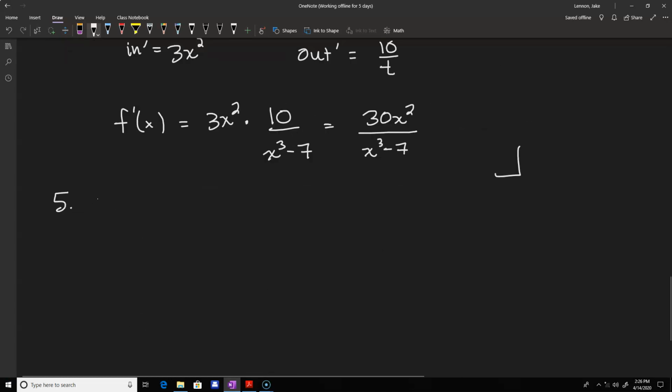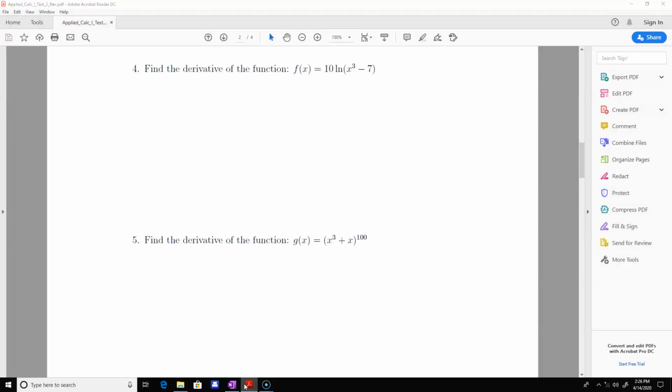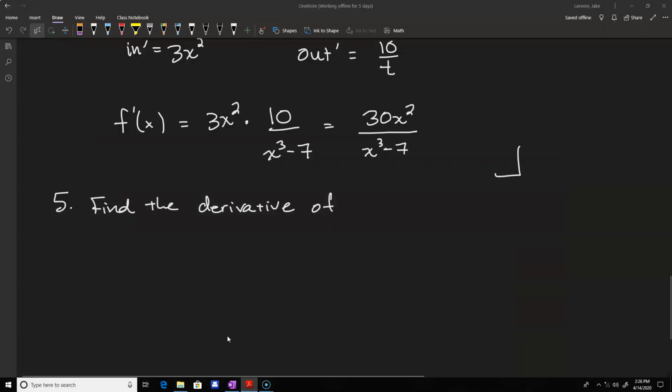So for 5, we're trying to find the derivative of, I believe this one is g of x equals x cubed plus x, to the 100th power. So here, this is another chain rule problem.